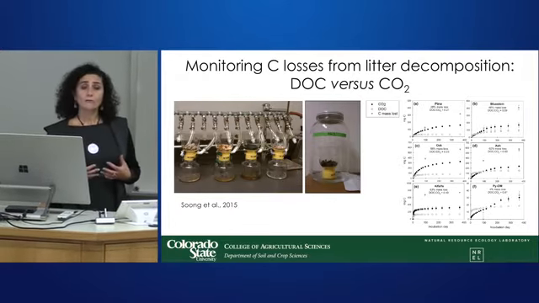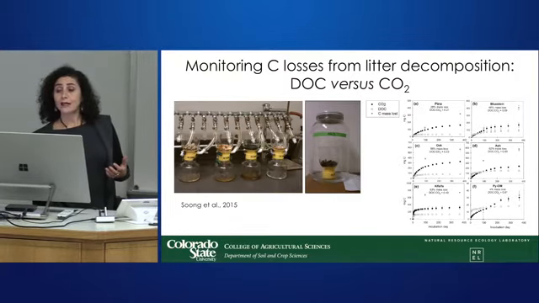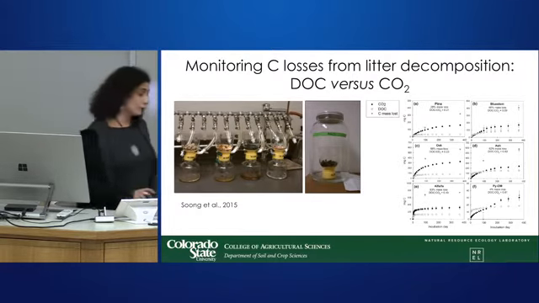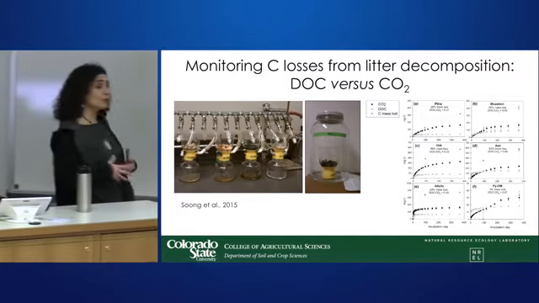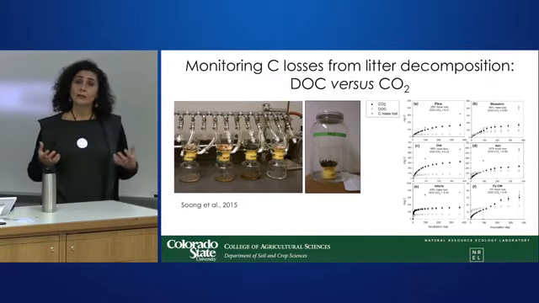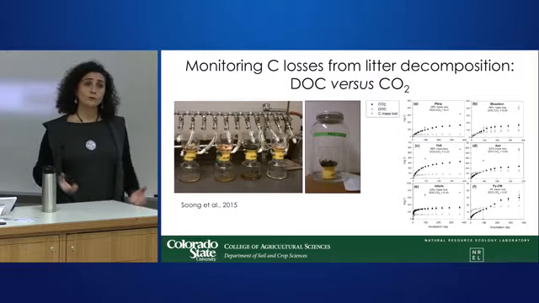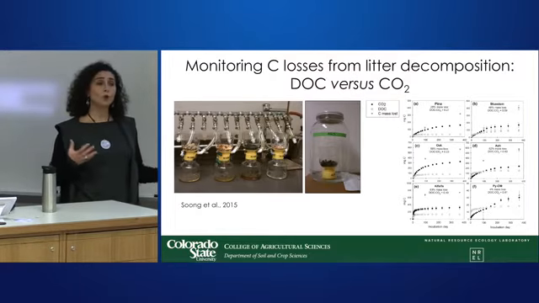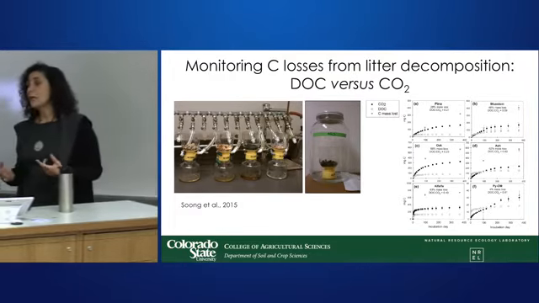We started off testing six substrates: pine, blue stem, oak, ash, alfalfa, and actually pyrogenic organic matter, which had a very contrasting chemistry in terms of stoichiometry and carbon chemistry, so how much was soluble versus how much was structural.